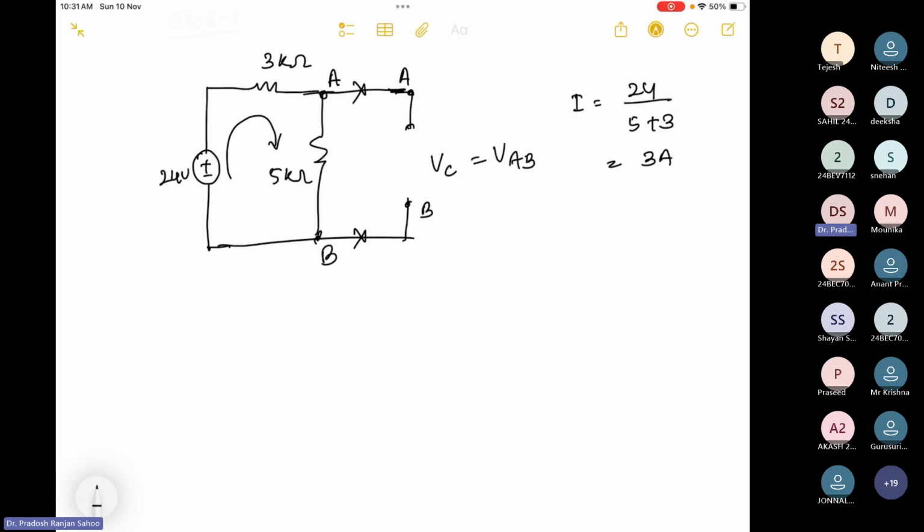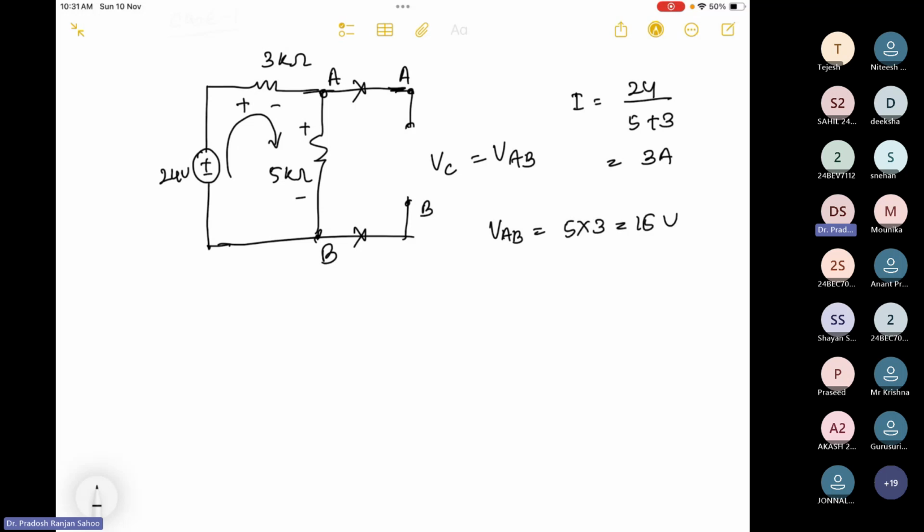When 3 ampere of current flows in this direction, current enters here plus and leaves here minus. So VAB is 5 into 3, 15 volt.